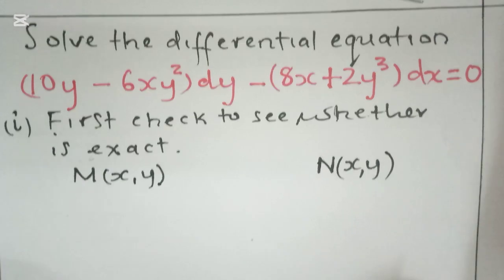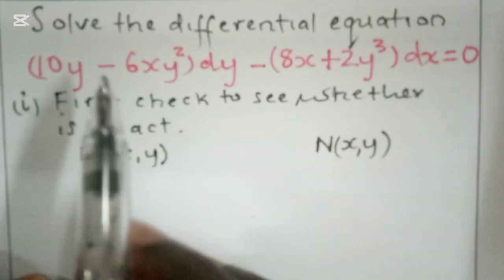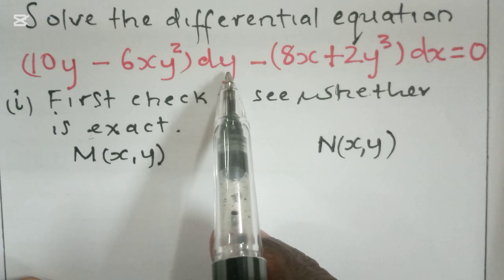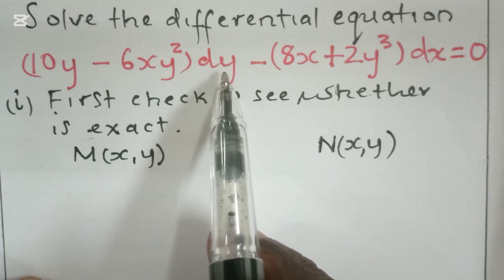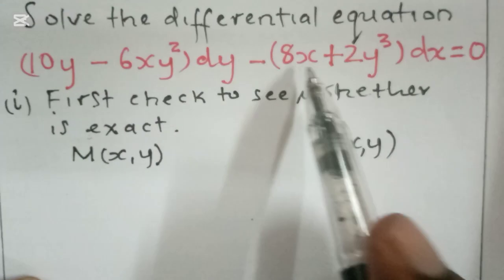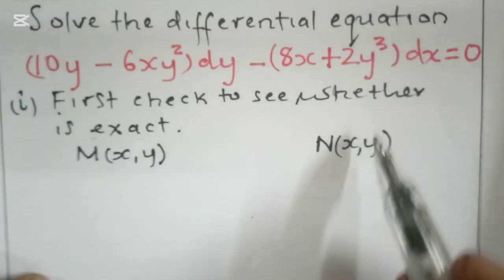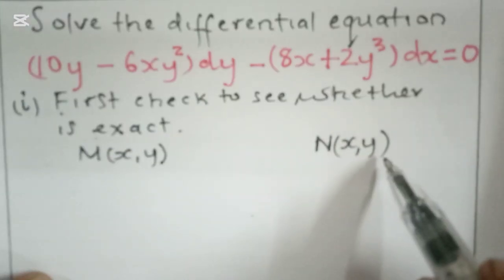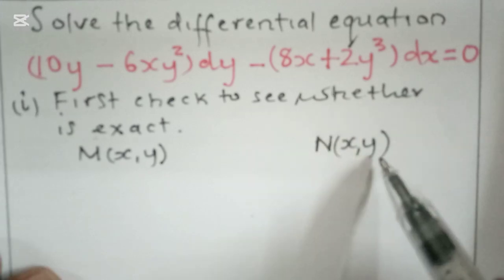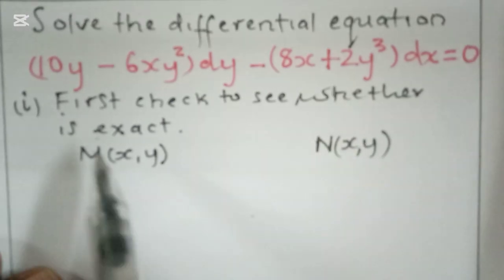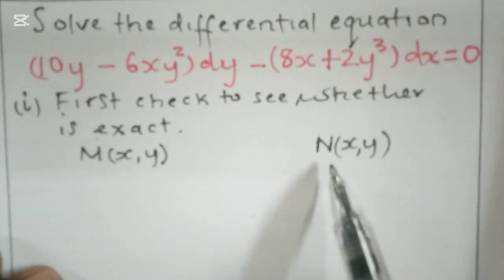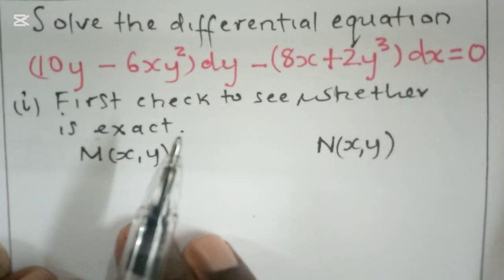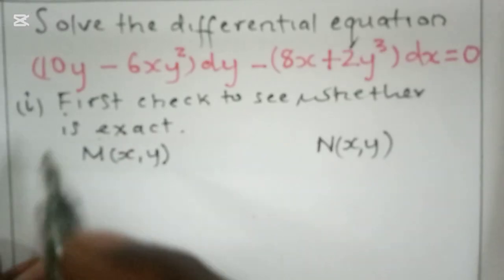So guys, we find the partial derivative of M(x,y) with respect to x, that is delta x. And for this other function, which is N, we look for the partial derivative with respect to y. They are supposed to be the same if it is exact.